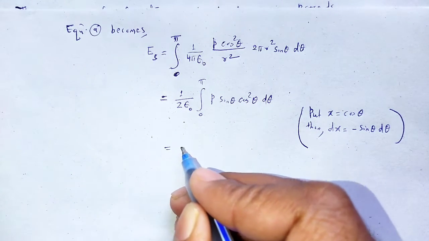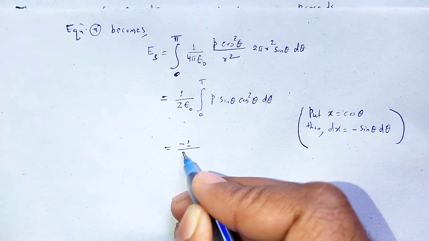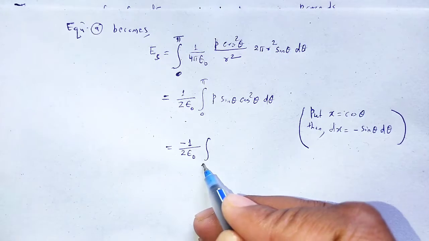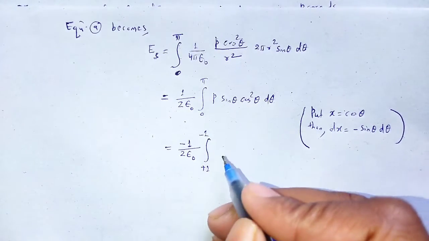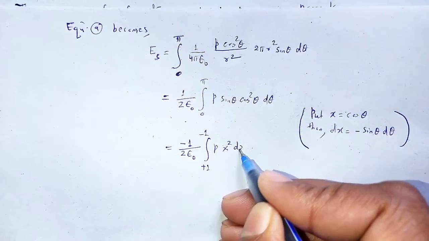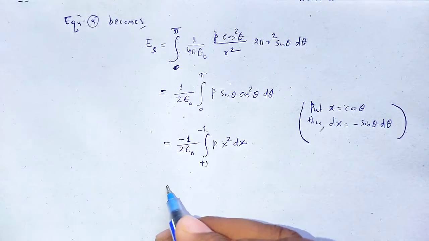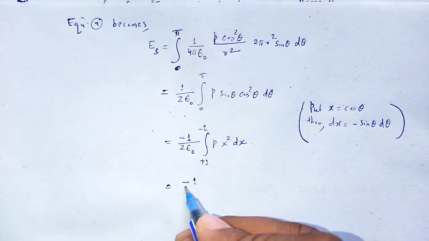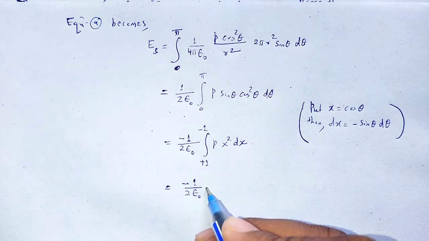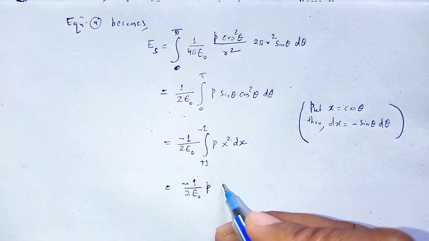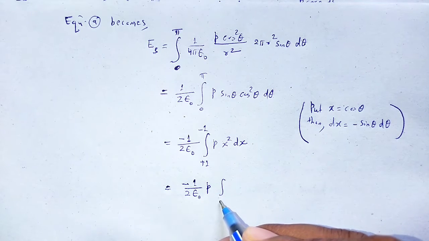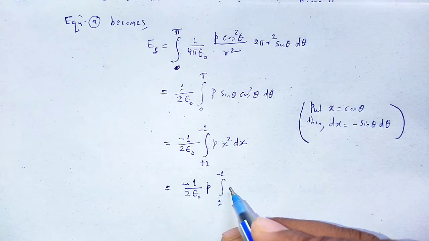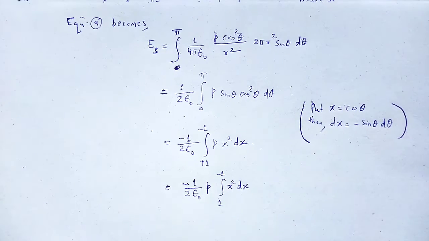It is equal to minus 1 by 2 epsilon naught, with limit from plus 1 to minus 1, P x square dx, which is equal to minus 1 by 2 epsilon naught P, inside the integration 1 to minus 1, x square dx.